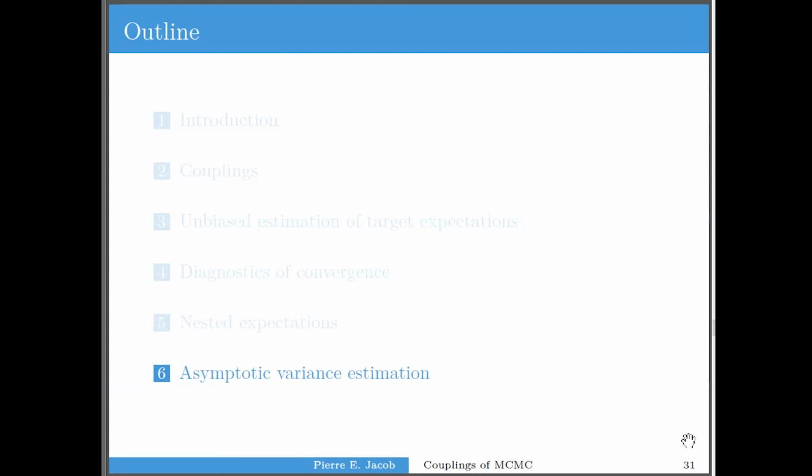So I would claim that it works in certain challenging problems. But if you have a new challenging problem, you have to work specifically on an algorithm that hopefully works well to begin with, and then on a coupling. In terms of how you design the coupling, there are guidelines: you can try things like common random numbers, maximal couplings, optimal transport couplings, but you have to find a way of putting things together, and there are typically a million possibilities.